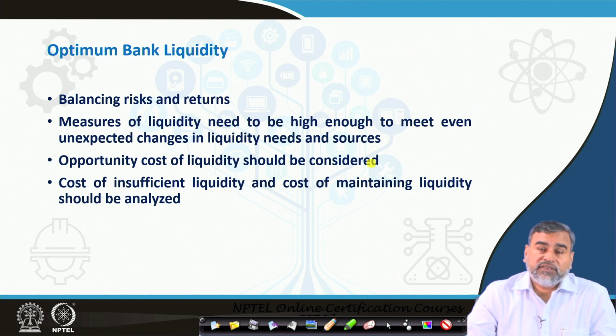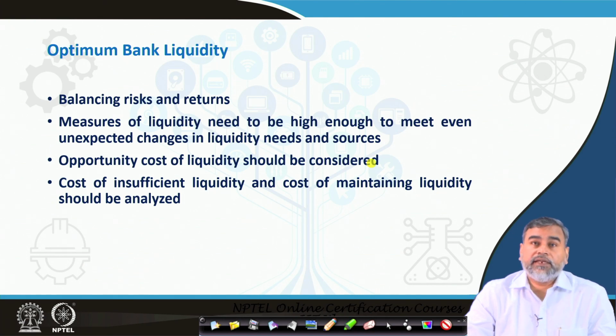And while doing this, we have to consider the opportunity cost of liquidity, and whenever we talk about this, we always have a trade off between two things: the cost of insufficient liquidity and the cost of maintaining liquidity.